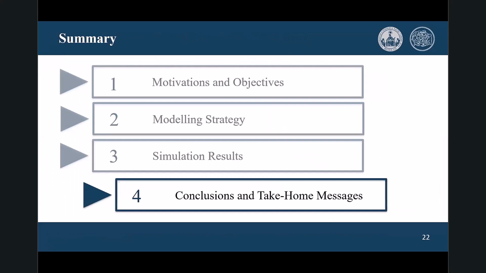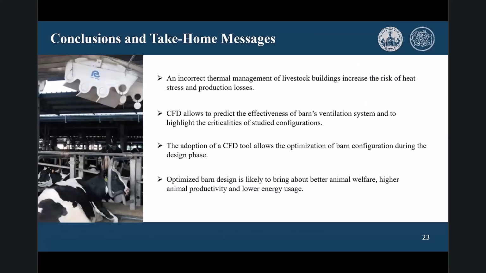So to conclude, I'd like to highlight some of the main points of this presentation. Animals require correct thermodynamic conditions inside of the barn. We need the correct temperature and humidity indoor.